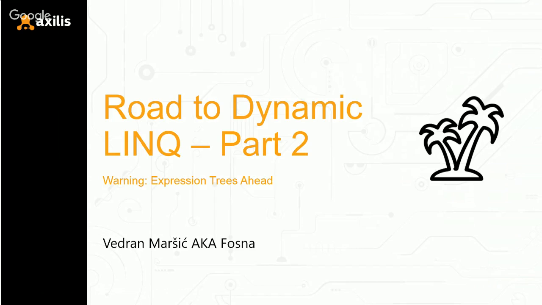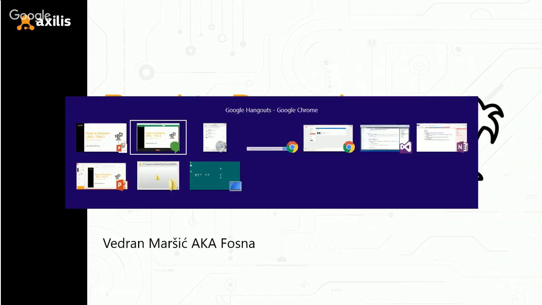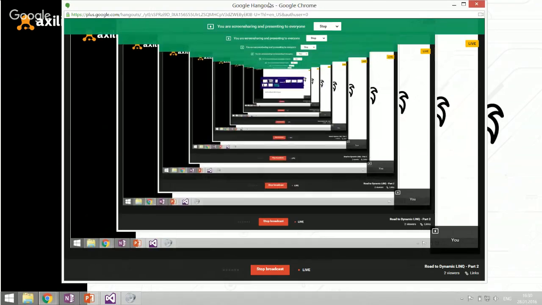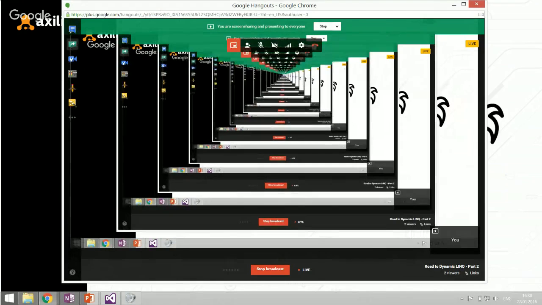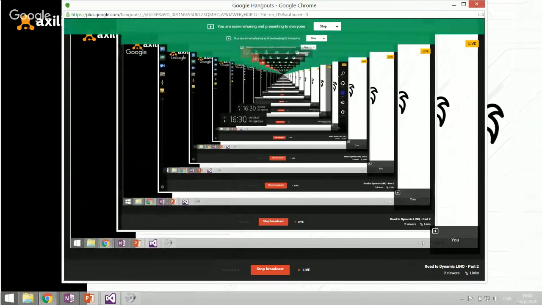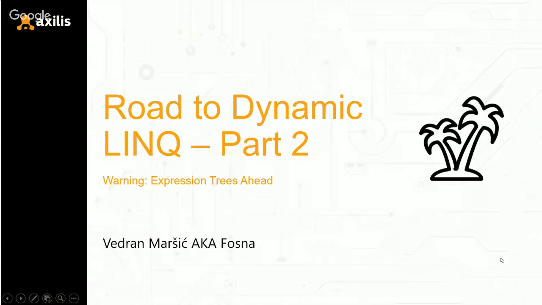Dear listeners, hello and welcome to Road to Dynamic LINQ Part 2. Last time we talked about expression trees because we wanted to create some dynamic query against SQL database using Entity Framework.